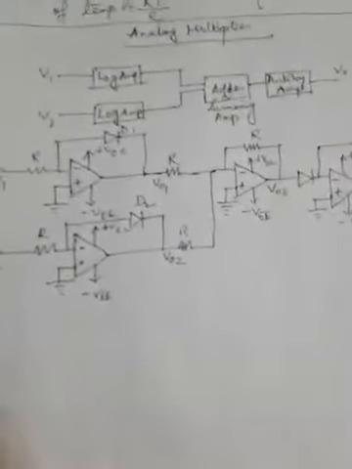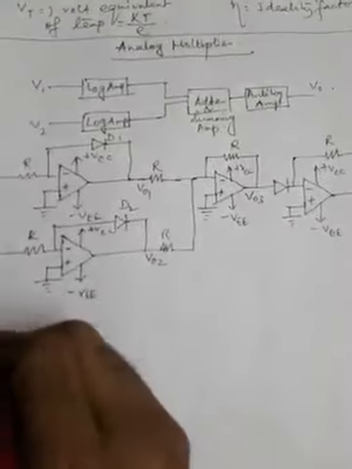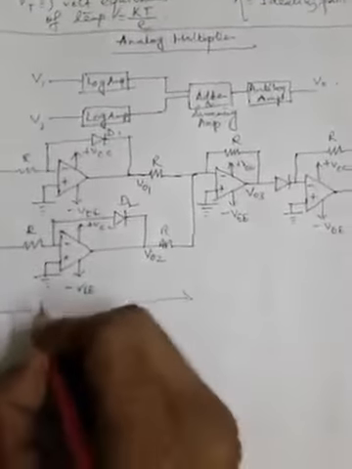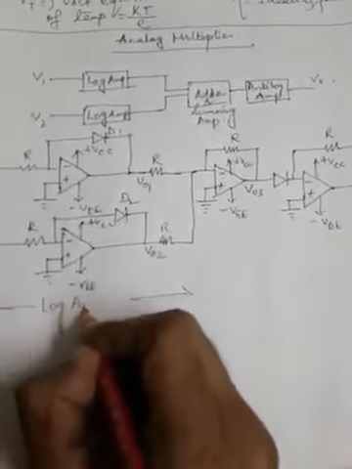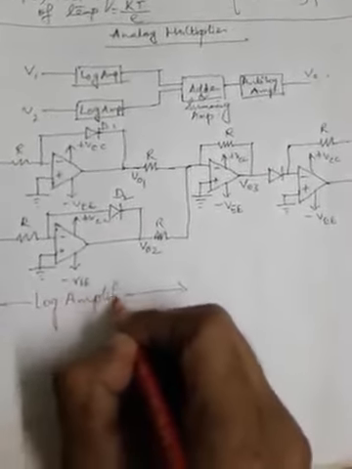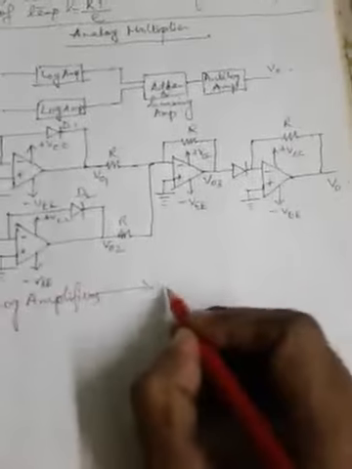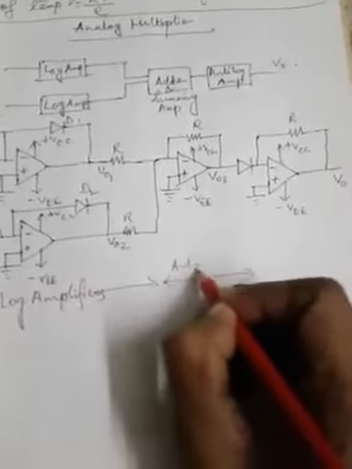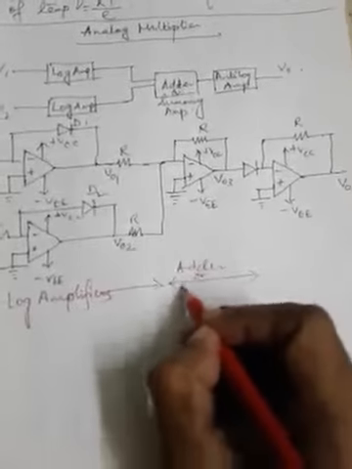So this is the whole diagram for analog multiplier. The first part is the log amplifiers part. There are two log amplifiers. The second part, this one, is the adder or summing amplifier part.